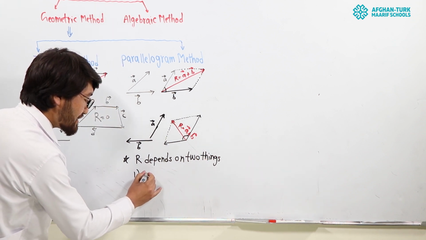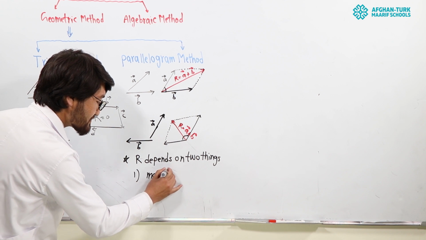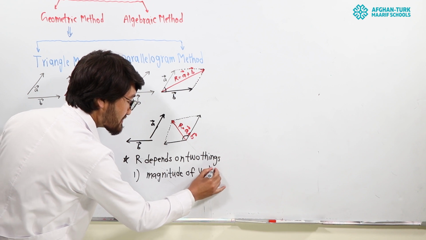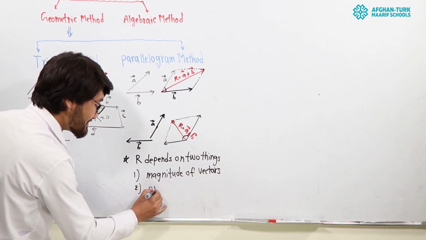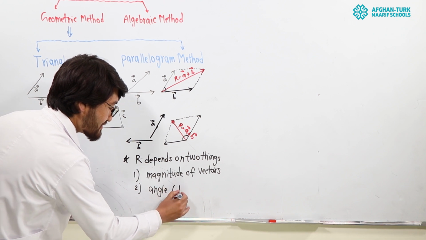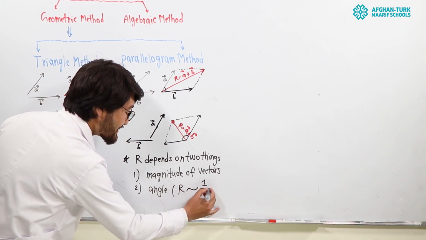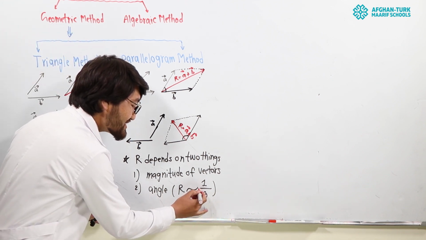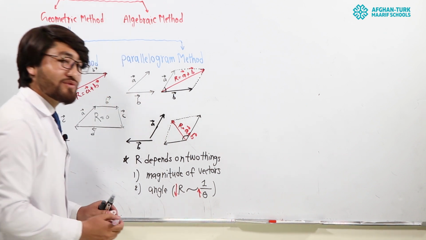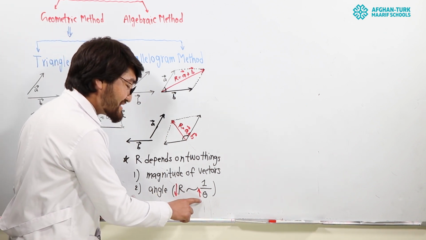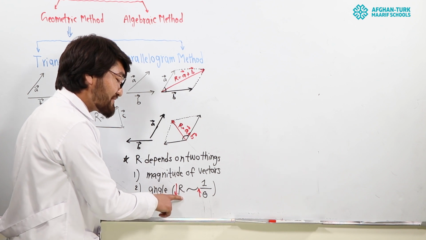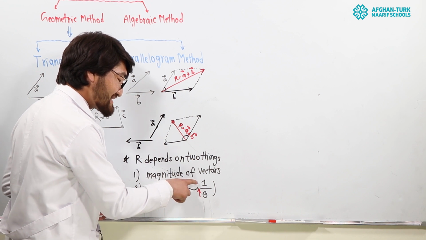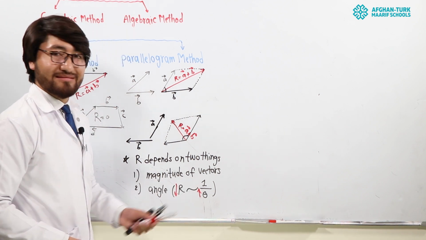One, the magnitude of the vectors. Two, the angle. The resultant has an inverse relation with the angle. It means when the angle is increasing, the resultant vector is decreasing. When the angle is decreasing, the resultant vector is increasing.